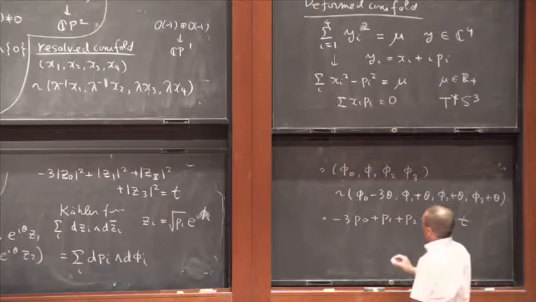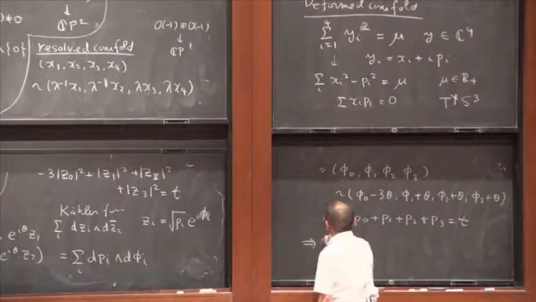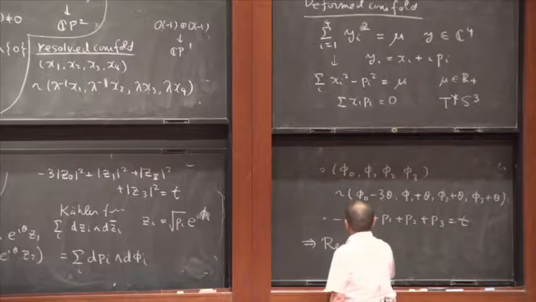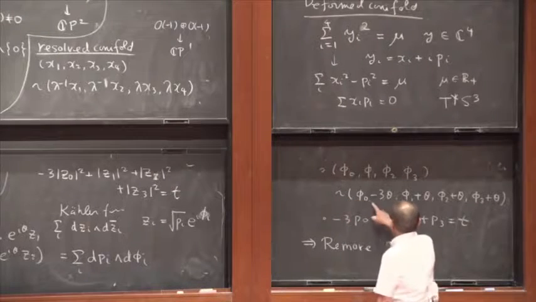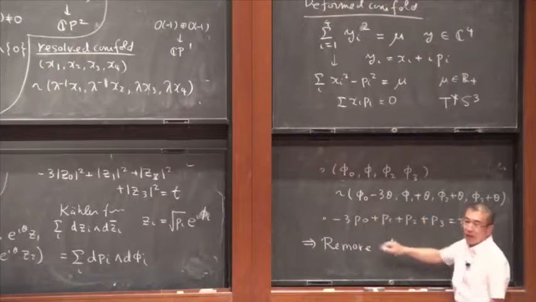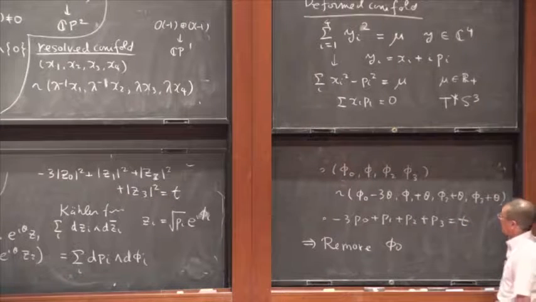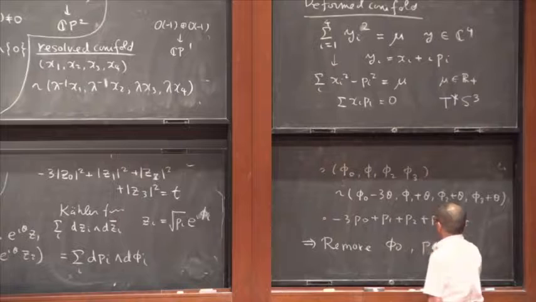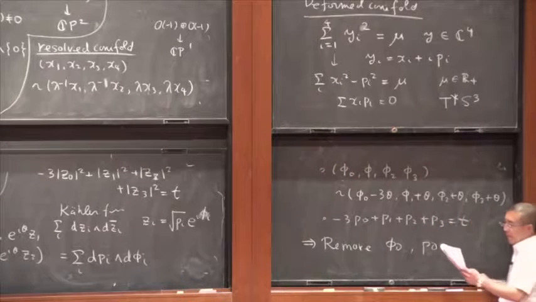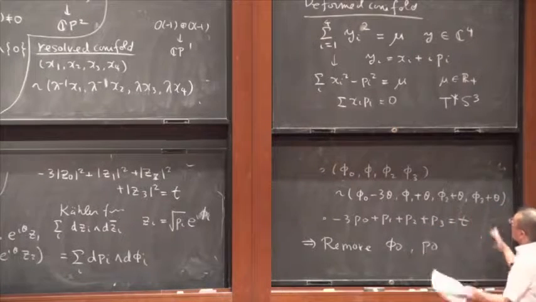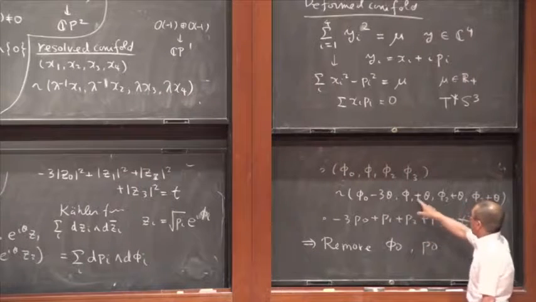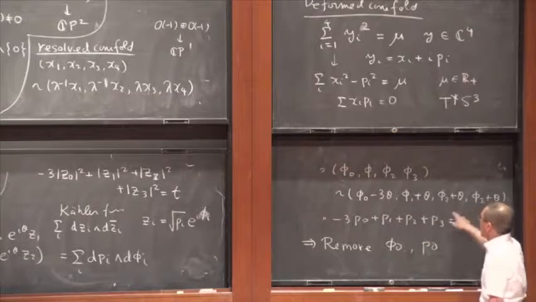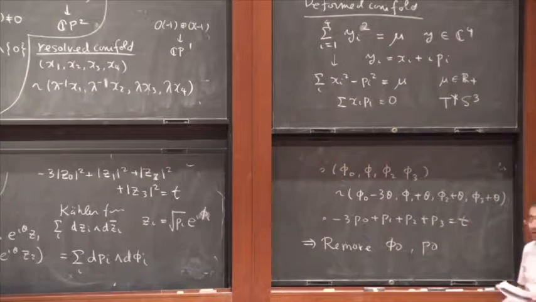In particular, this means that we can remove φ0, because you can always set θ to be one third times φ0. And we can remove p0 by this equation. So then we get a space of φ1, φ2, φ3 over a space of p1, p2, p3.